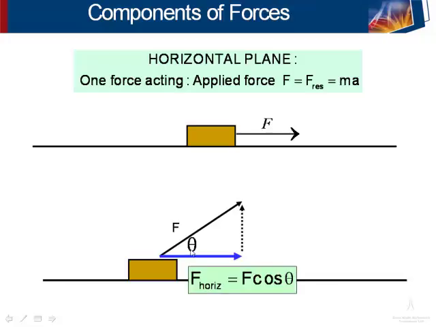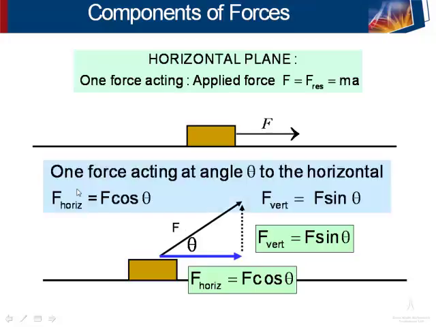Remember, the angle theta is the angle between this force and the horizontal, and we can calculate the horizontal force by taking the value of this force times cos of the angle theta. We can calculate the vertical force, F vertical, by multiplying F by sine of this angle theta. These are the components of this force.